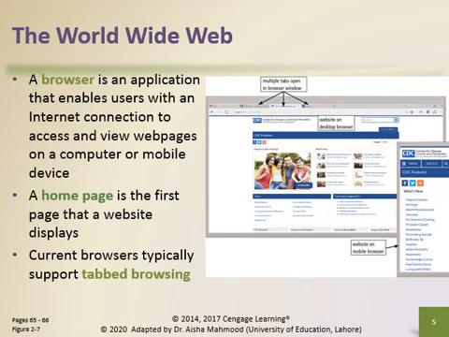Tabbed browsing allows users to have multiple home pages that are automatically displayed when the browser runs. You also can organize tabs in a group called a tab group and save the group as a favorite so that at any time you can display all tabs at once.